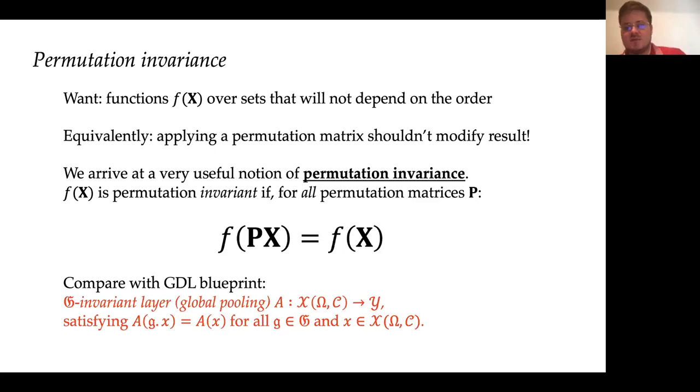So you can compare this with our requirement in the geometric deep learning blueprint for G-invariant layers. Specifically in this case, our f corresponds to the G-invariant layer A, and the group action G corresponds to applying a permutation matrix. So there's a one-to-one correspondence with what we said in the blueprint already.